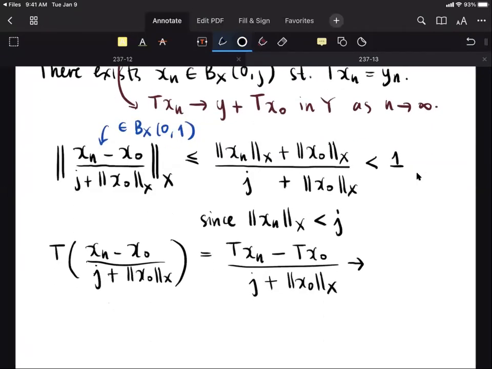The numerator converges to y, and you just divide by the denominator. So this is convergence in the topology of Y as n tends to infinity.